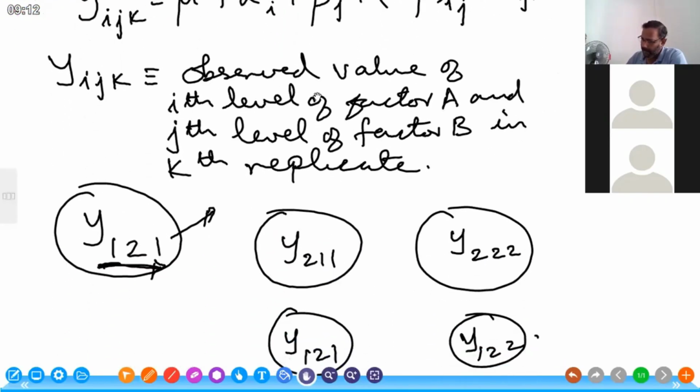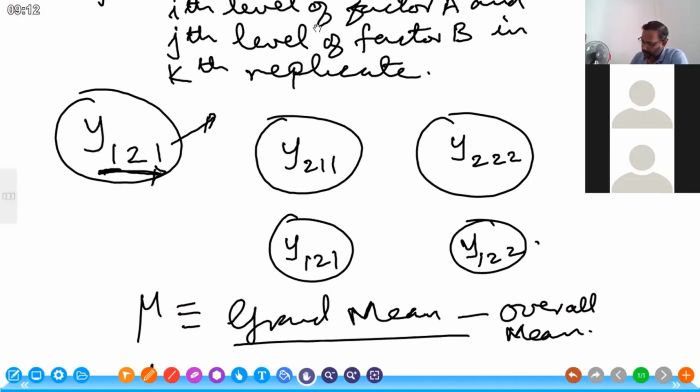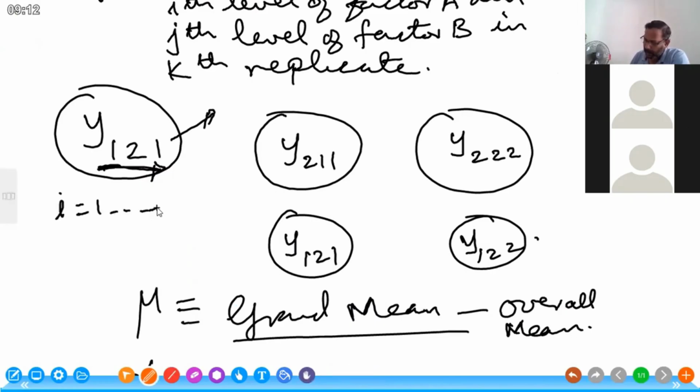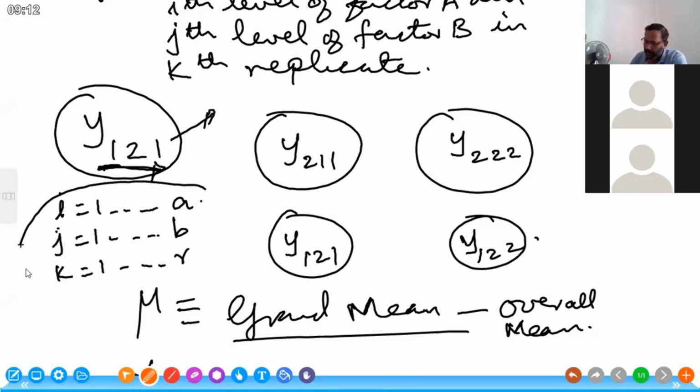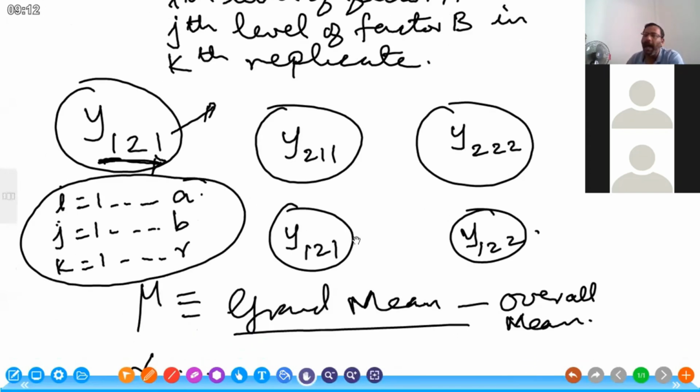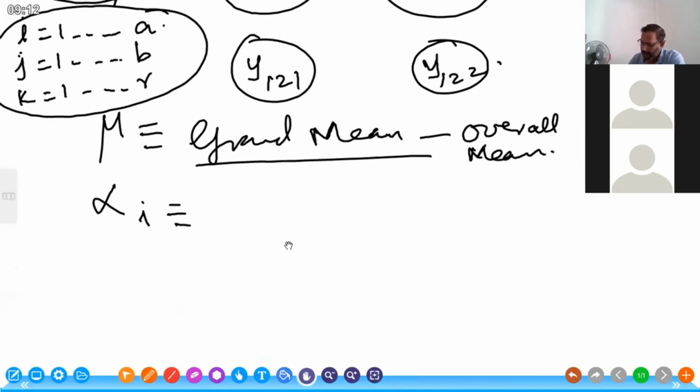We have given i from 1 up to A, j from 1 up to B, k from 1 up to R. So now we cannot say factor 1. We have given the name. Effect of factor A, right.